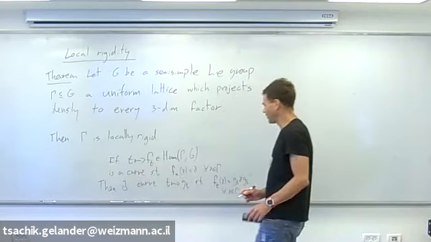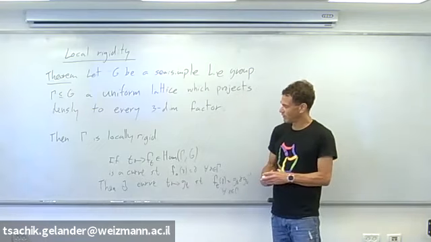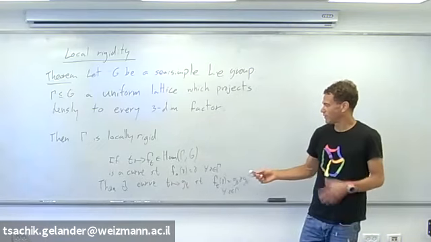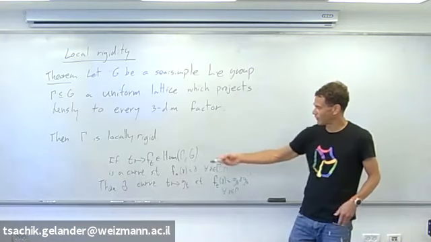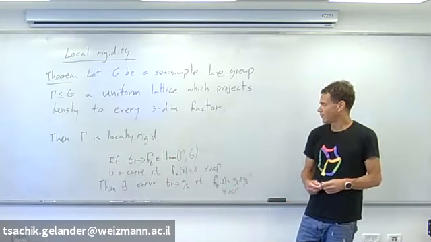So any small deformation is a conjugation. Okay, we stated it a bit differently. We didn't stay with a continuous curve, but it's equivalent.